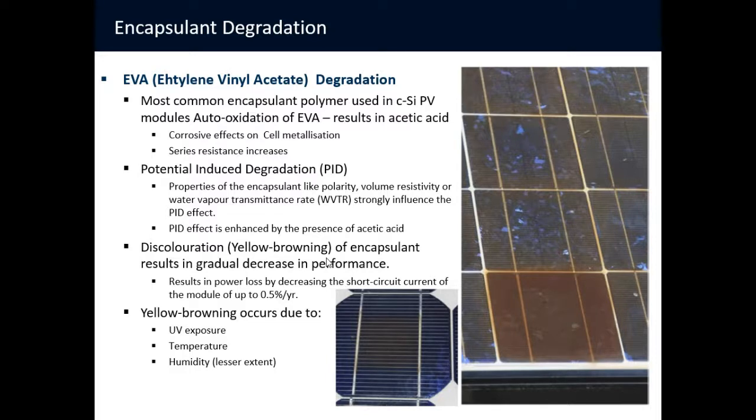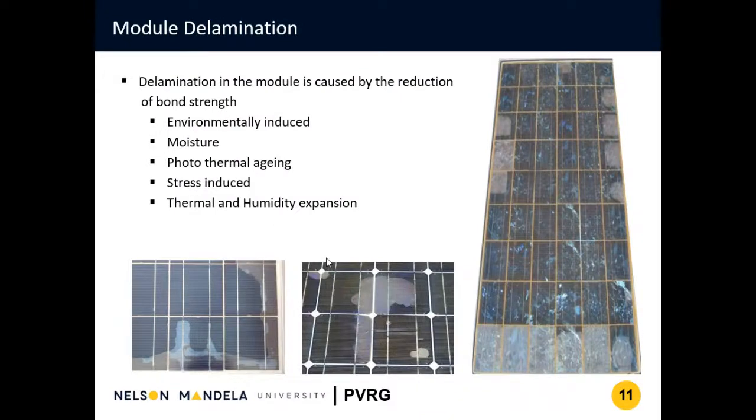Similarly with the layers or the encapsulation layers within the module, module delamination can occur. This allows water, moisture or air to get in between the layers of the module.